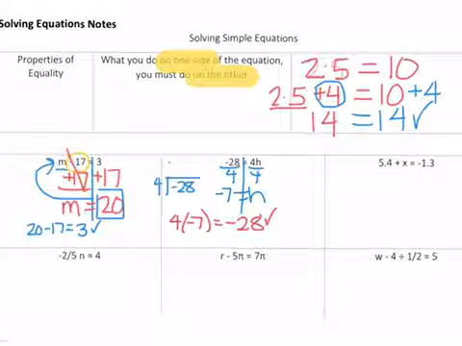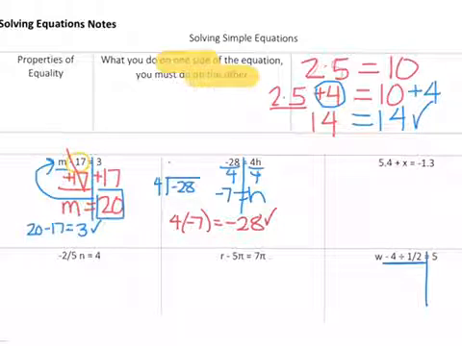The next one that I want to do with you guys is the very last problem. So we have w minus 4 divided by 1/2 equals 5. Now, the first thing you need to do with simple equations is draw your line, but also simplify the side of the equation. I can actually find what minus 4 divided by 1/2 is.